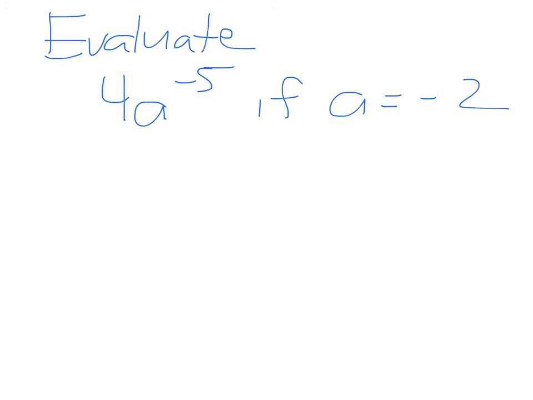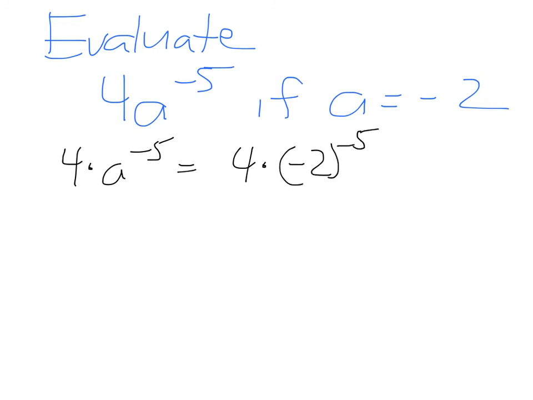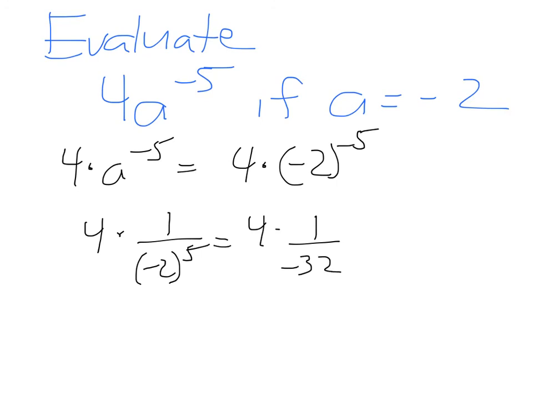They are attached only to what they are right above. So this problem truly says 4 times a to the negative 5th, which becomes 4 times negative 2 to the negative 5th, which is 4 times 1 over negative 2 to the 5th. Well, negative 2 to the 5th is just negative 32. Dang you, PEMDAS.